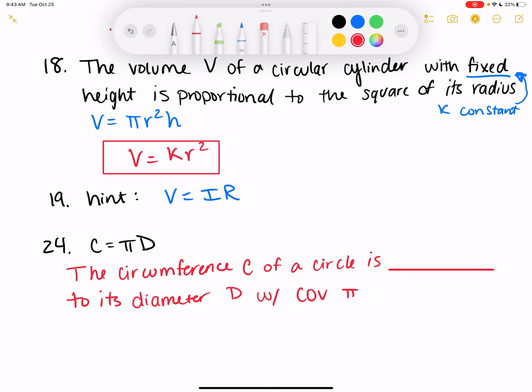Because of the way this is written, C equals pi d, that means that the circumference is proportional to its diameter with a constant of variation, pi. So you just write proportional. And again, these would be copied and pasted, so as long as you know what they are, you'll be fine.